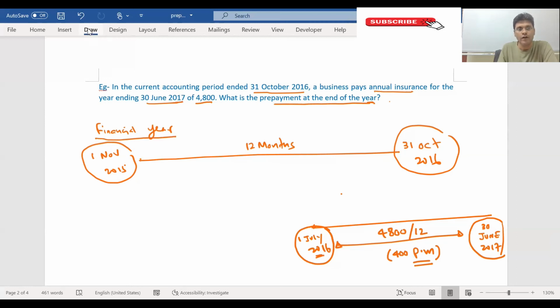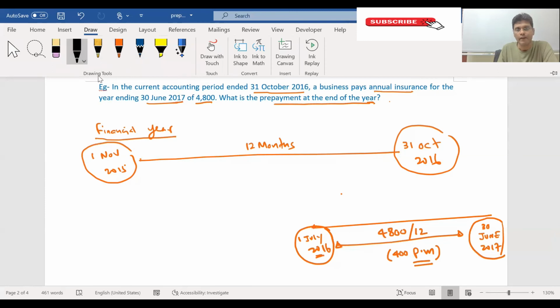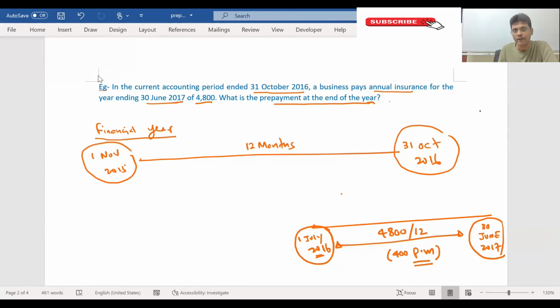So therefore, if you analyze this, as you can see, the annual insurance policy begins on 1st July 2016, which is in the current financial year. From July 2016 to 31st October 2016, how many months? From July to October, July, August, September, October, 4 months.